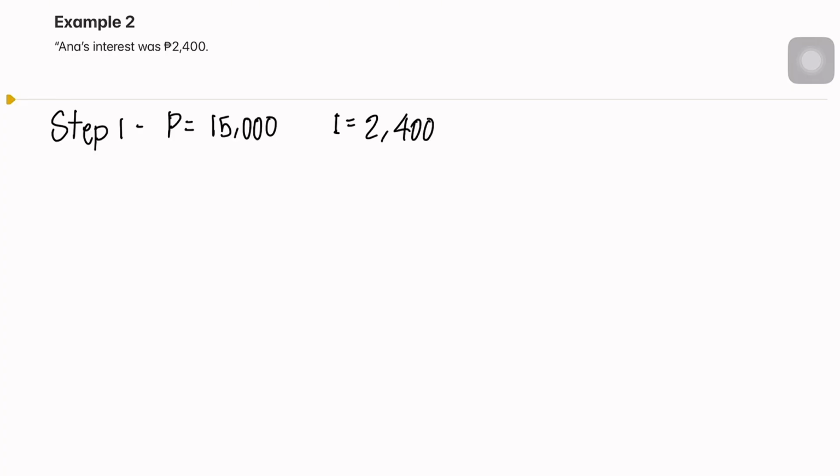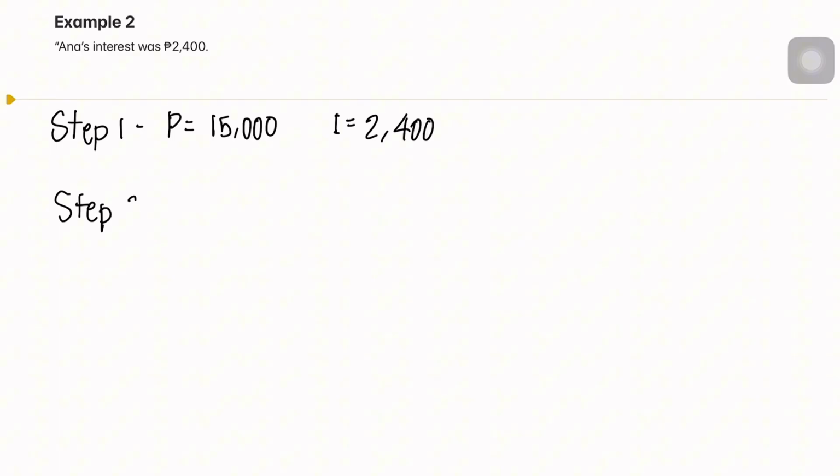Moving on to our next example, Anna's interest was 2,400. So using the values of P and I in example number 2 in solving for the interest, the value of our P is 15,000 and our I is 2,400.